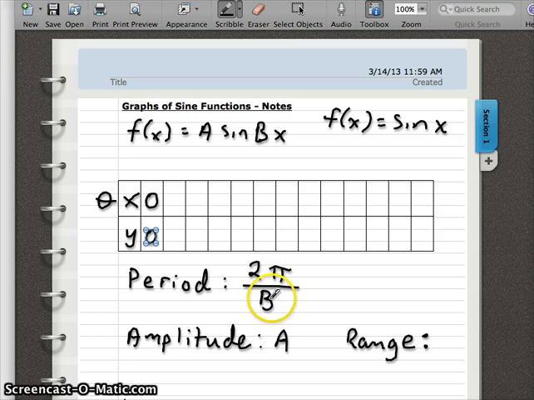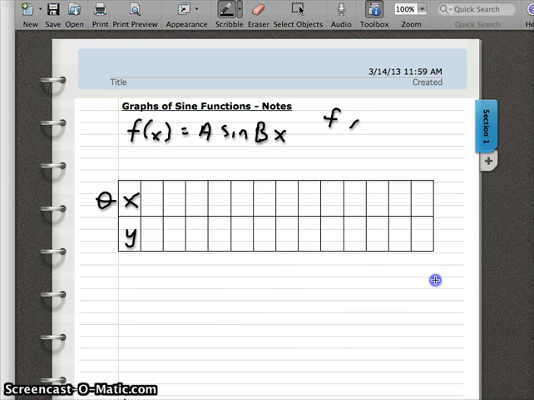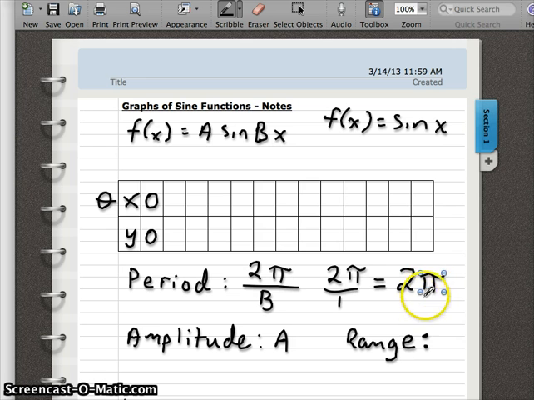So if you can find your b value and plug it into this equation, you can find the period length. The b value of this function is just 1. So 2 pi over 1 just simplifies to 2 pi. So I know that my full cycle is going to be 2 pi, and that would be normal on our unit circle.